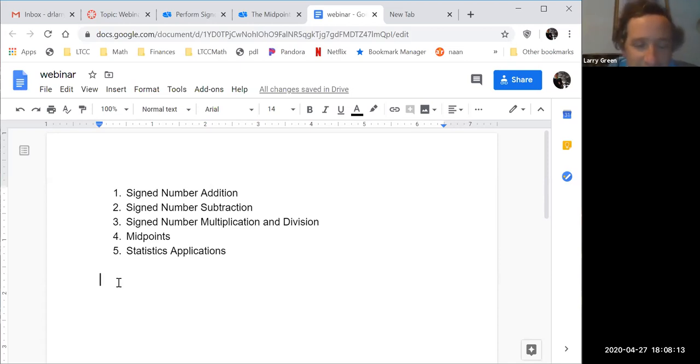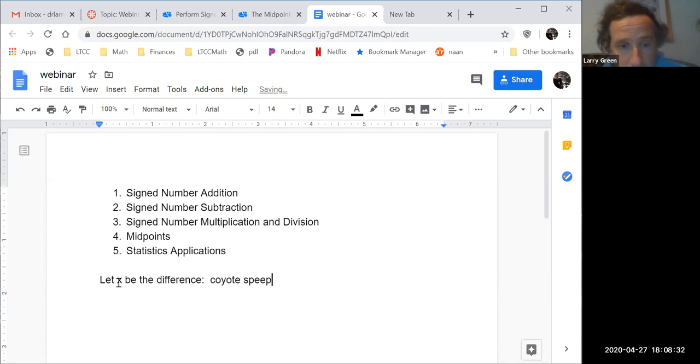So you might look at a variable and say, let x be the difference, and that would be, let's say, coyote speed minus mountain lion speed.